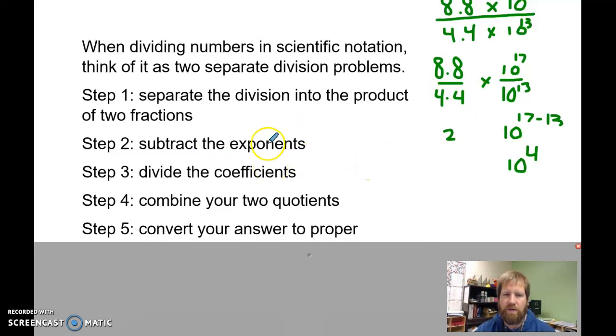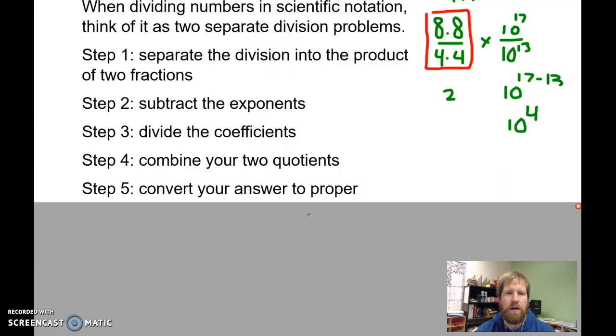So I have subtracted my exponents, I've divided my coefficients, and that's what these numbers are called. These numbers that you are multiplying by 10 to a power, these are called coefficients. And then you want to combine that all together back into something that looks like a scientific notation problem.